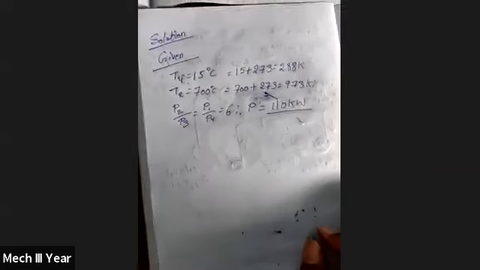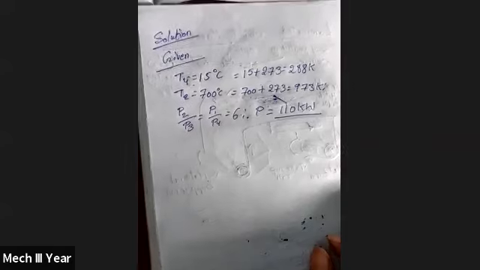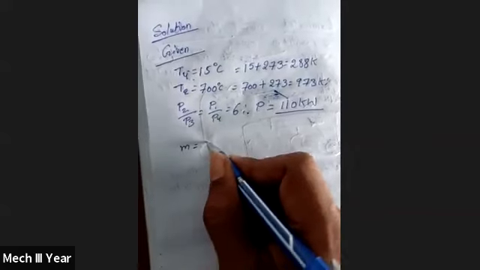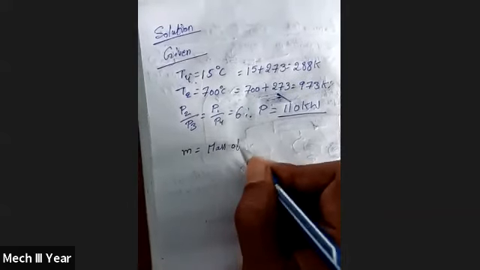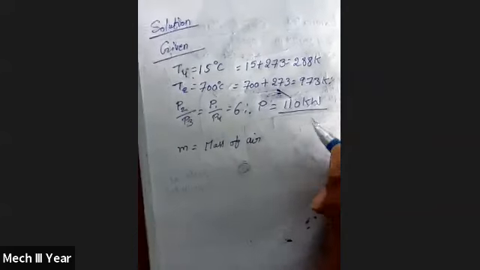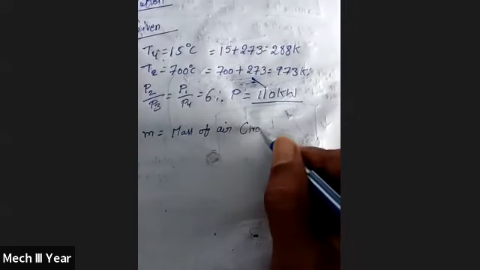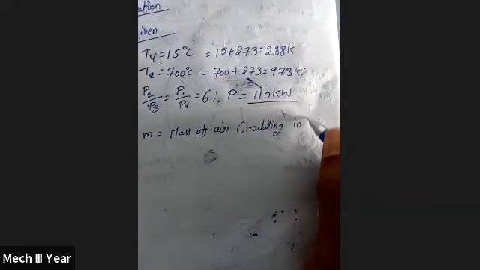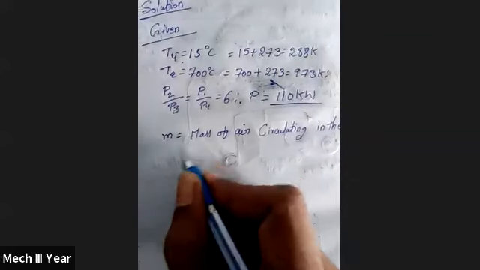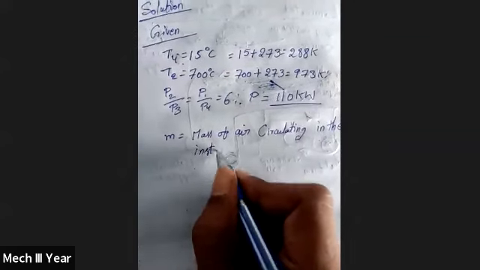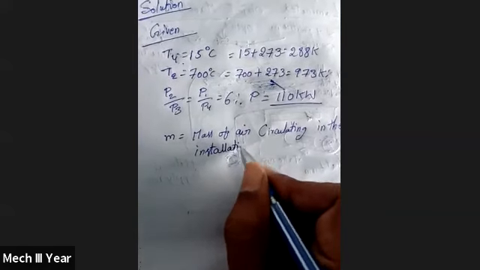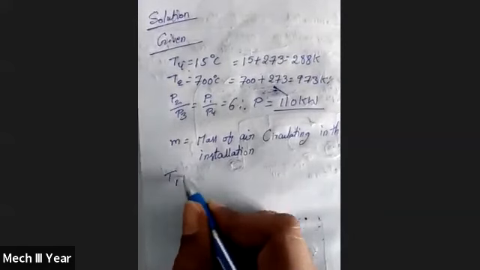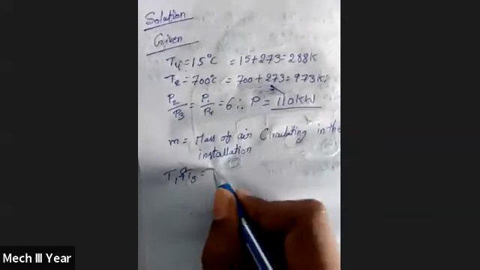Here, mass of air circulating in the installation. Let M be the mass of air circulating in the installation. Then that is mass M, and now T1 and T3.